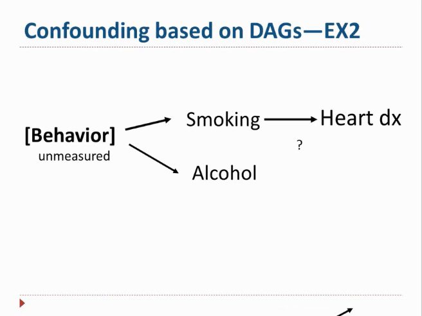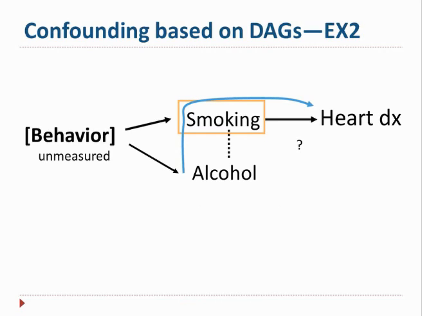So again, we're removing that arrow so we can see what other ways can we get from alcohol to heart disease that could be biasing our effect. So because of these unmeasured behavioral factors, smoking and alcohol are related here, causing there to be an association between alcohol and heart disease that we want to get rid of.